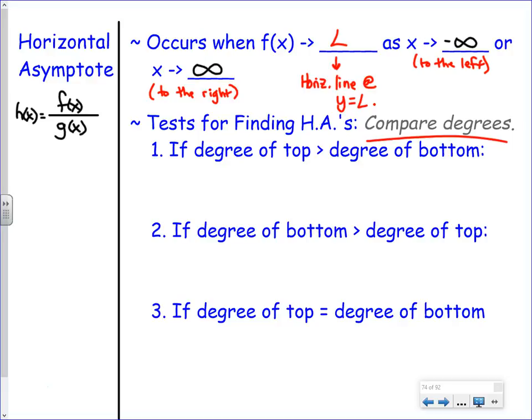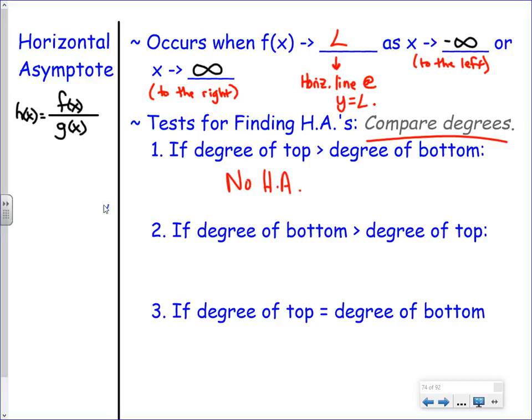Compare the degrees of the top and the bottom. And we're just dealing with polynomials. In calculus, you get to ones that have e's and ln's and square roots and all this jazz. We're just looking at degrees of polynomials. If the top wins, he can do what he wants. He's not restricted. If he's not restricted, there's going to be no horizontal asymptote.